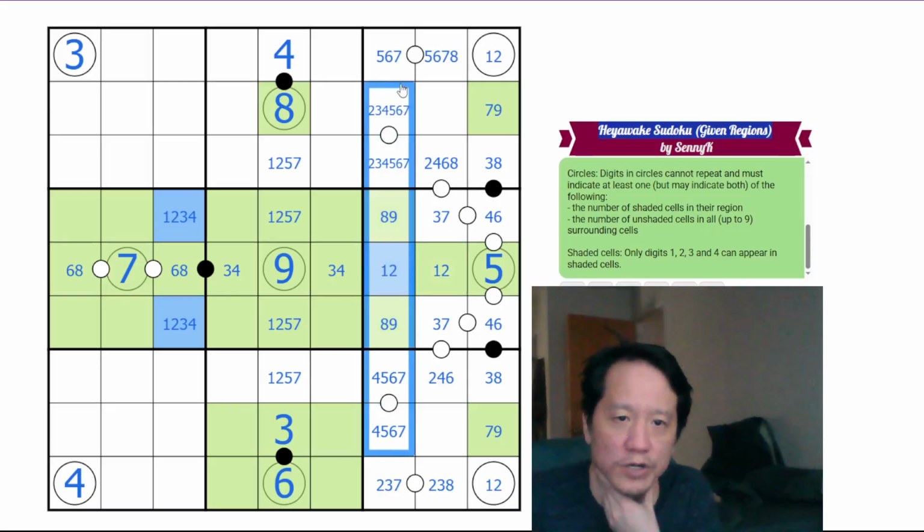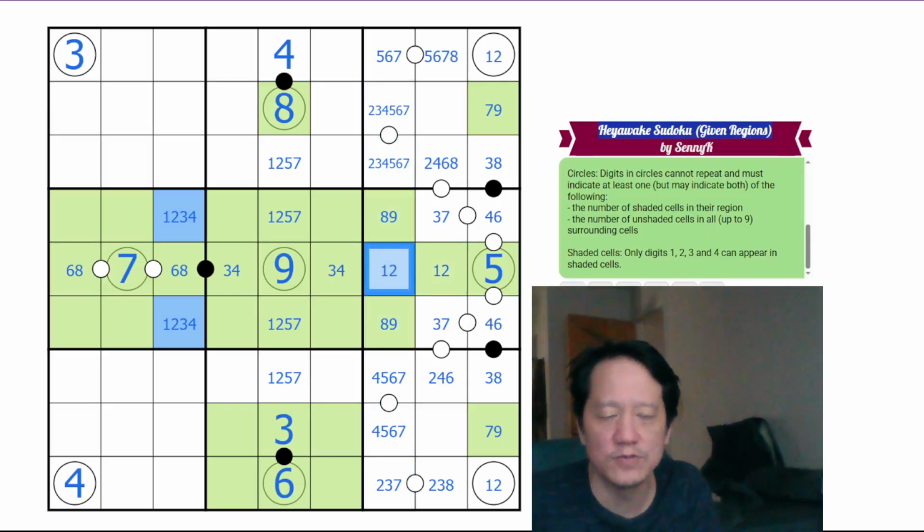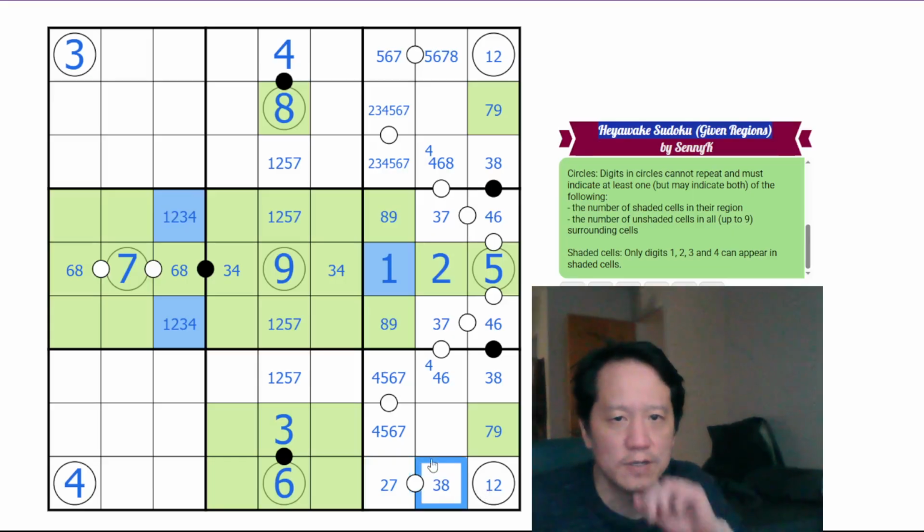Where is 1 in column 7? It has to be here. So that's 1, which makes this 2. That eliminates 2 from being here. So the 3 has to be next to a 4, whichever one it is, because it can't be next to 2 there. 2 can't be here. Since 2 can't be here, this can't be 3.